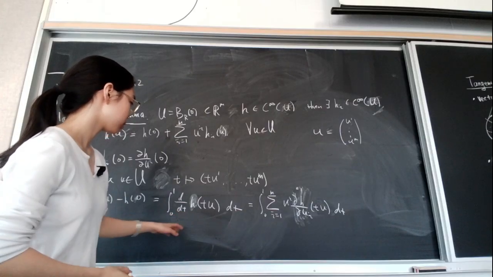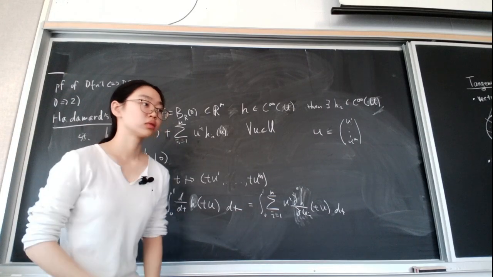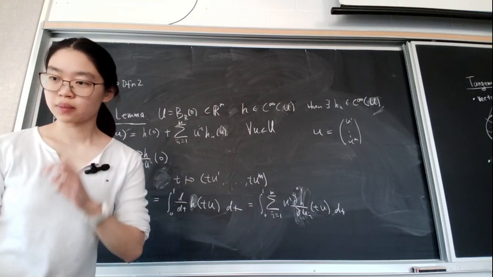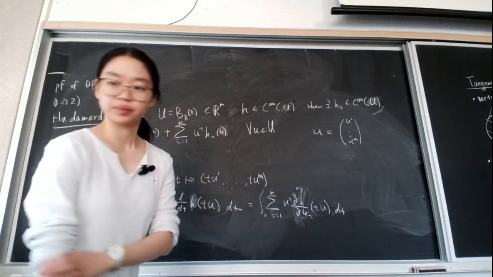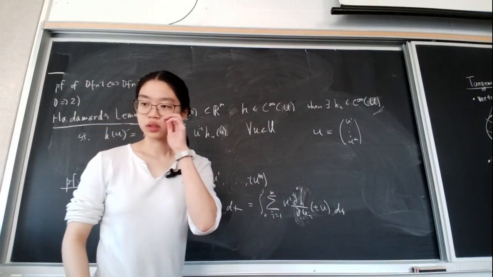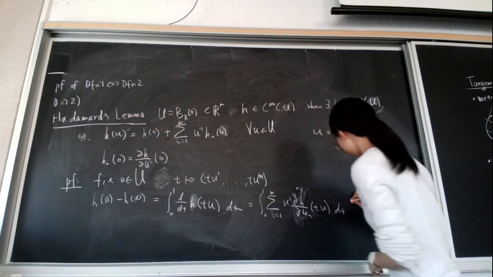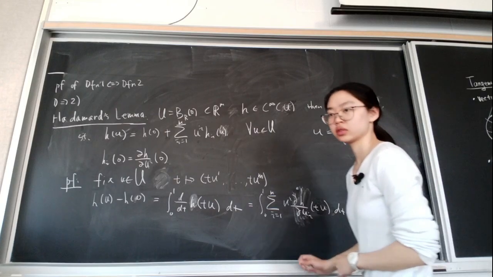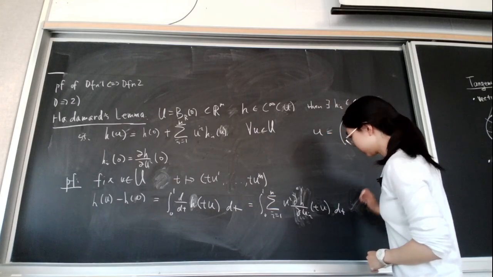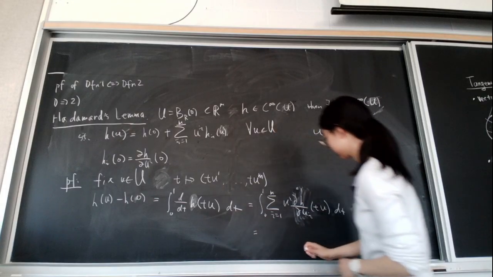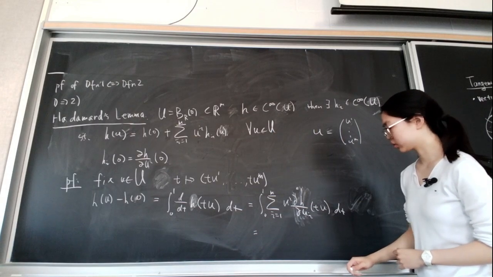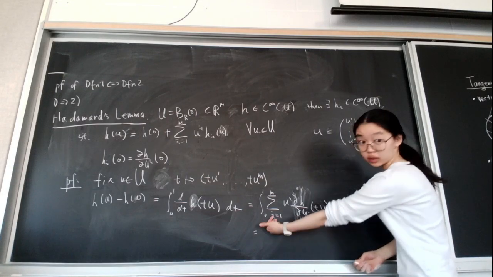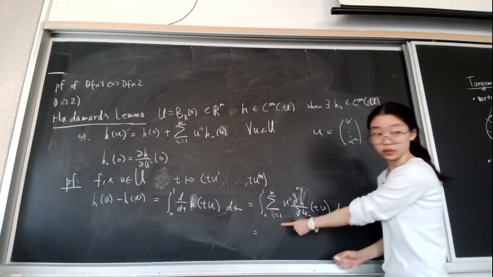Okay. Thank you so much. Yeah. And now, you're just integrating over t, so you can just factor out the u_i's. I'm going to switch the sum and the integral sign because this is a finite sum.